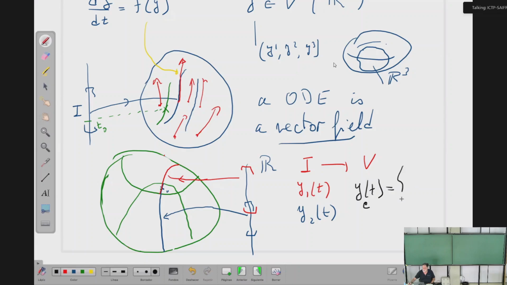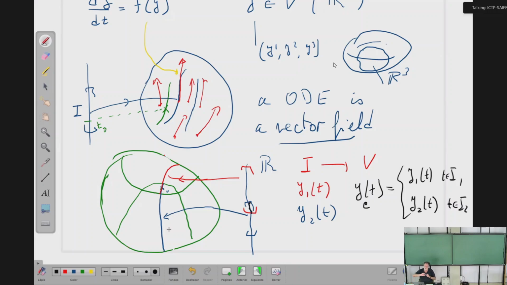The extension is y1 of t in the interval 1, and y2 of t in the interval 2. Why can I do that? Because I can prove that in the intersection, which is this region, they coincide. Because if they coincide at a point, they coincide in a neighborhood. So it's no problem in defining this. This is a unique solution, and this is the extended solution.